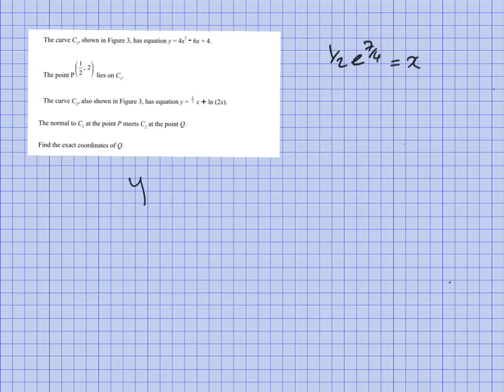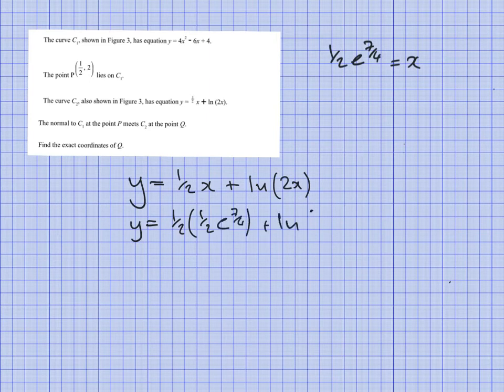So y equals a half x plus ln 2x. Substituting everything in, it gives me y equals a half of a half e to the 7 over 4, plus ln of 2 times a half e to the 7 over 4.